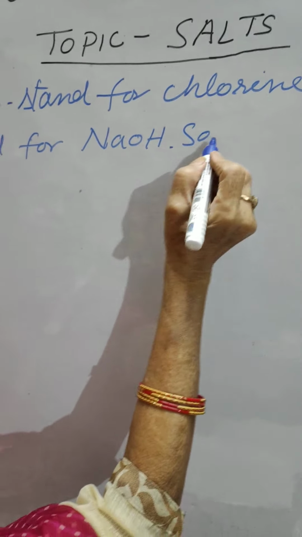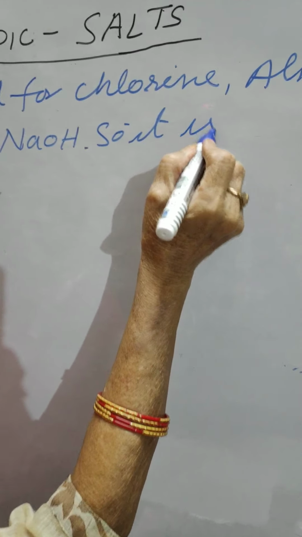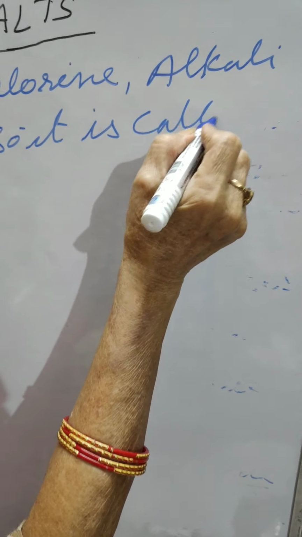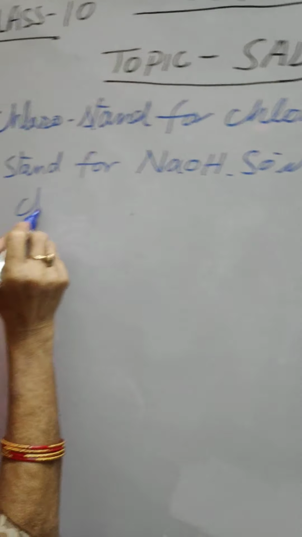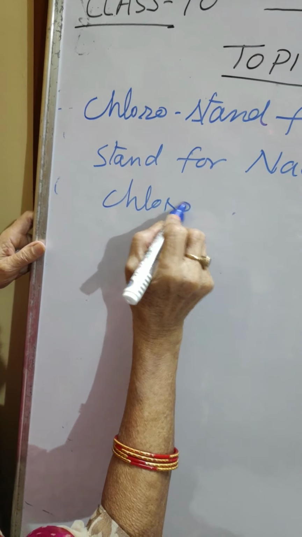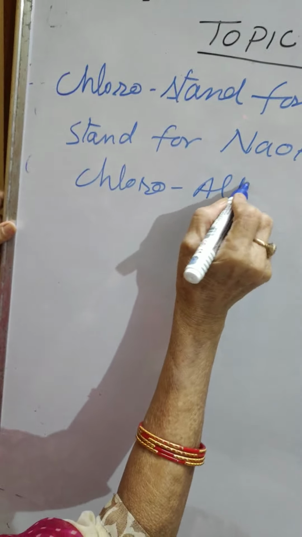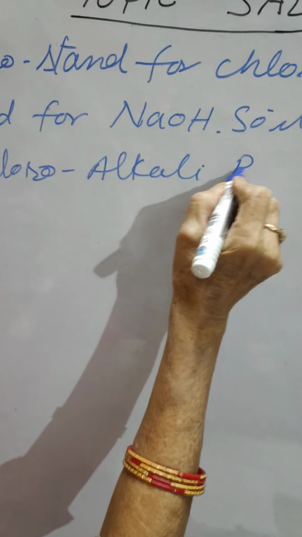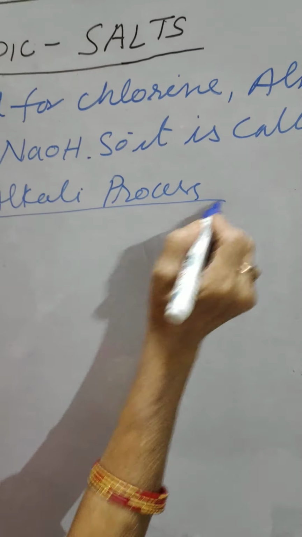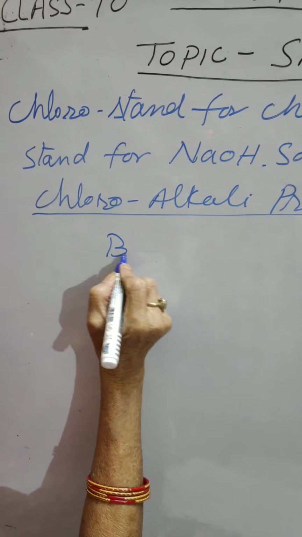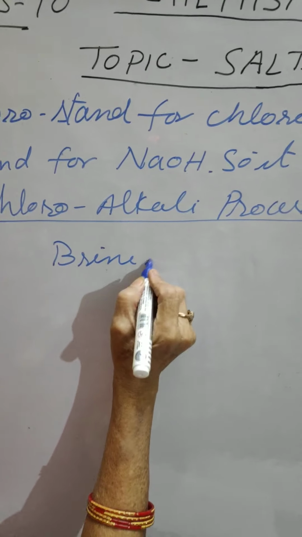So it is called the chloro-alkali process. Now, here it is the brine solution.